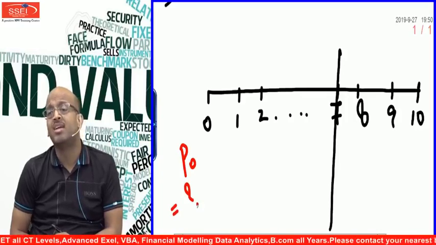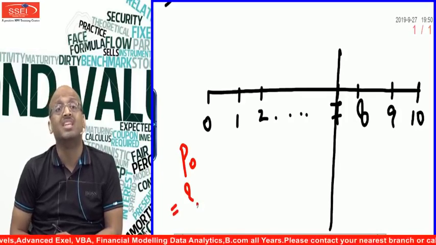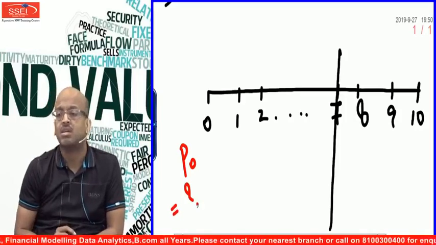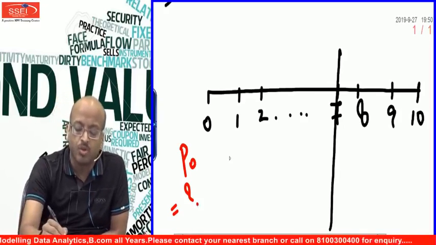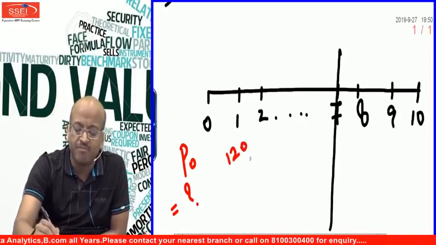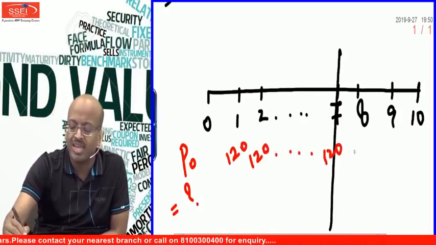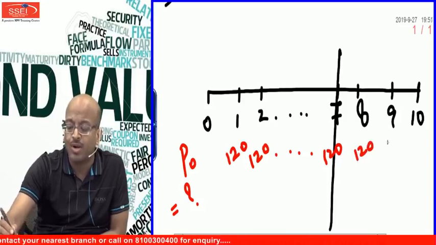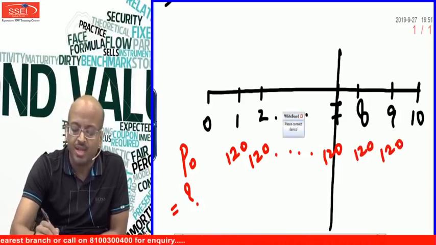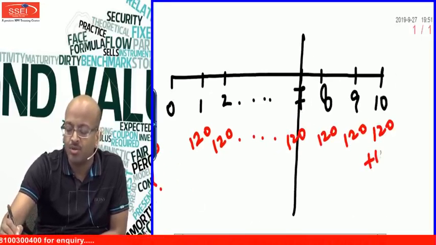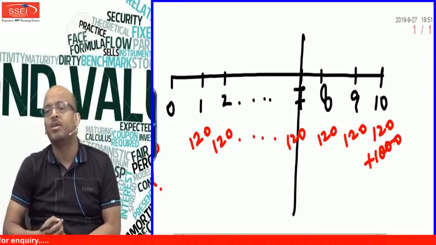It's very easy to calculate now, because when we bought the bond, the yield was 11%. So you have to just do the DCF with 11%. Now you got 120 first year, 120 second year, 120 seventh year, and the 8th year 120 is still standing. 9th year 120 is still standing. 10th year it's 120 plus 1000. You understanding each part of it?